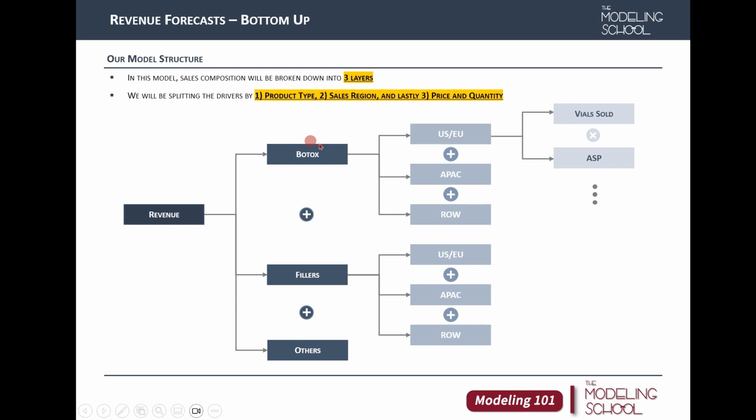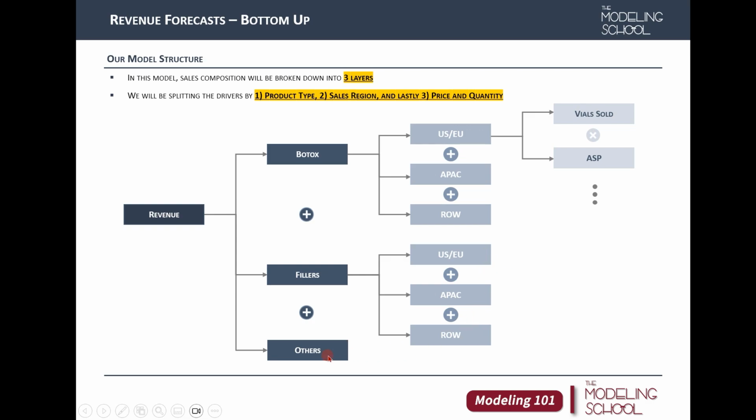In our financial model, we are going to break down sales into 3 layers. Number 1, by product type. So we're going to split revenue by Botox, fillers, and others, which would be mainly the cosmetics products. And then we're going to split it once again into geographic regions, so sales regions. So we have US, Asia Pacific, rest of the world, and then further on to price times quantity.